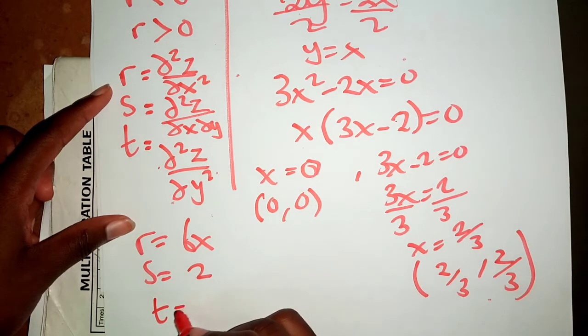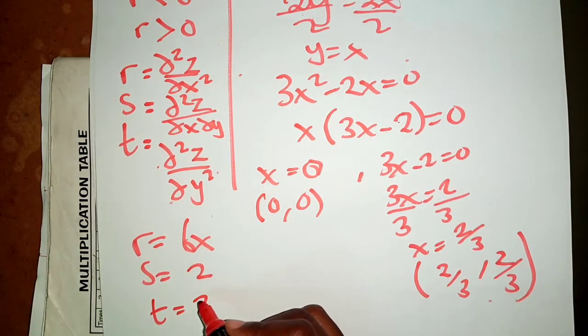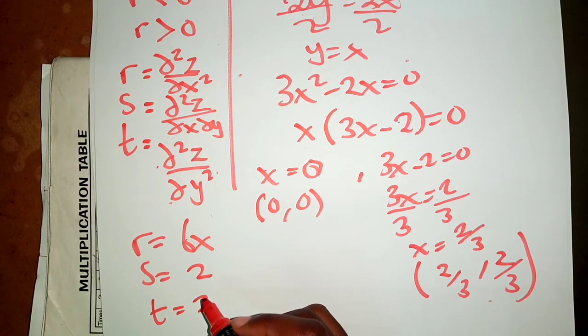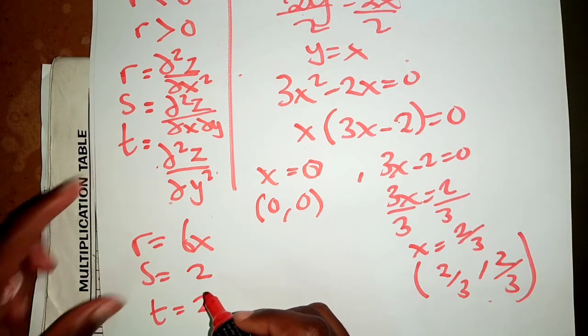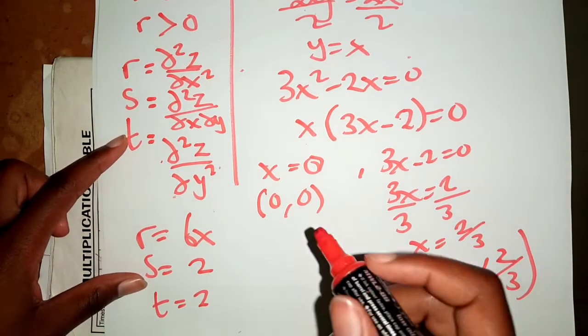You're going to have 2, so t is equal to 2. So now you've found your r, you found your s, and you've also found your t. So now let's start checking.